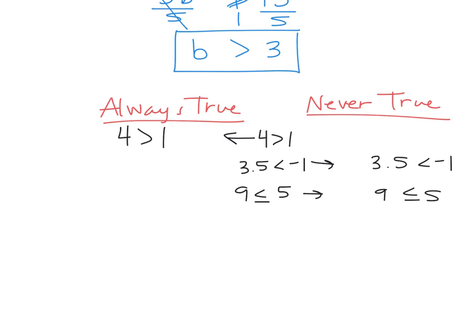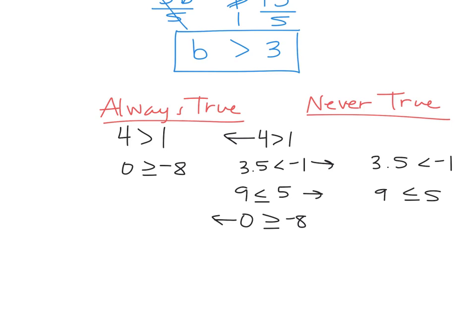Okay. What about 0 is greater than or equal to -8? Is that always true or never true? Always true. 0 is always going to be greater than or equal to a negative. Okay? So, you have things that will always be true and you have things that will never be true. Your answers can sometimes look like this.